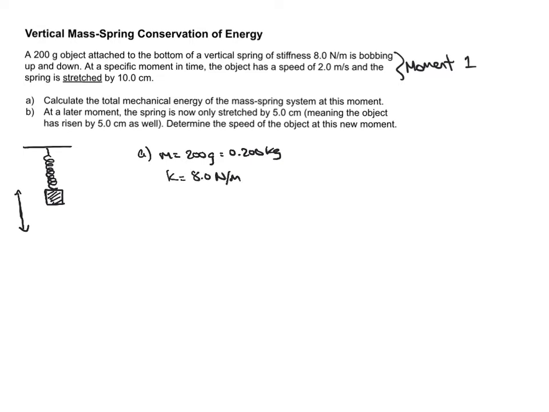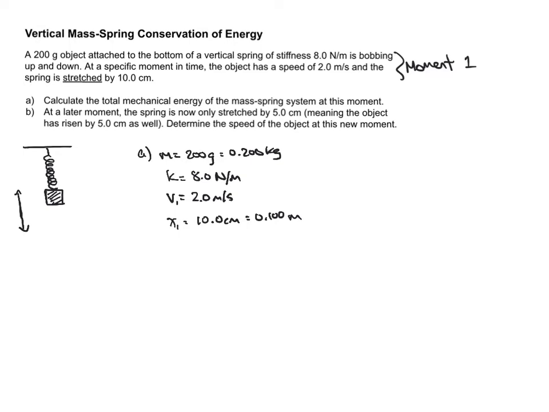We're given the speed at this specific moment, I'll call that V1, 2 meters per second. And we're given that the spring is stretched, I'll call that X1, by 10 centimeters, which I need to convert to SI units, so 0.100 meters.